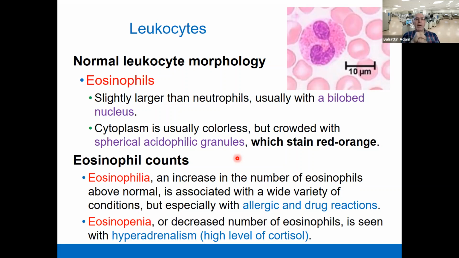And eosinopenia, or decreased number of eosinophils, is seen with hyperadrenalism. A high level of cortisol will decrease the number of eosinophils predominantly.